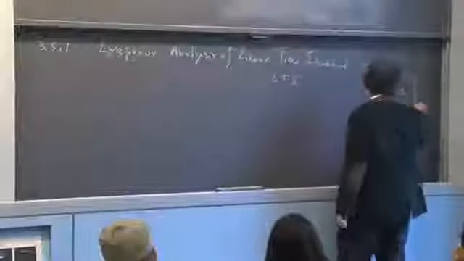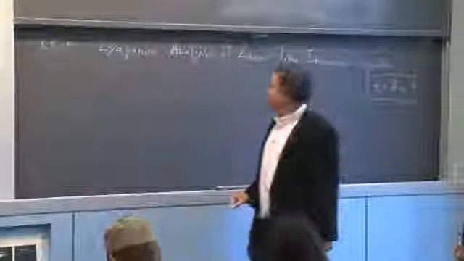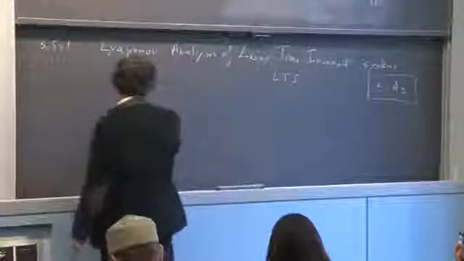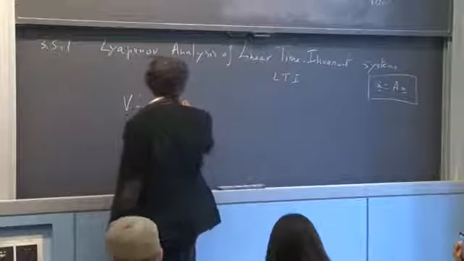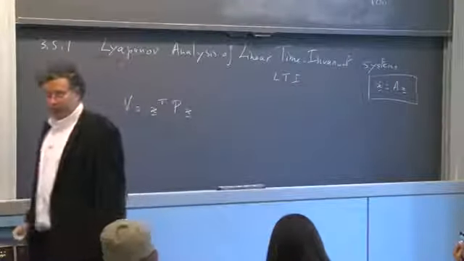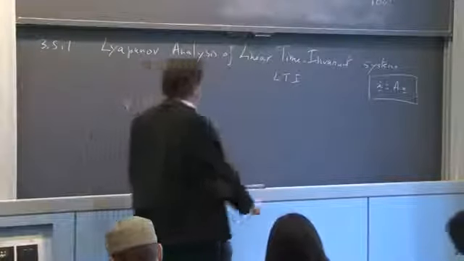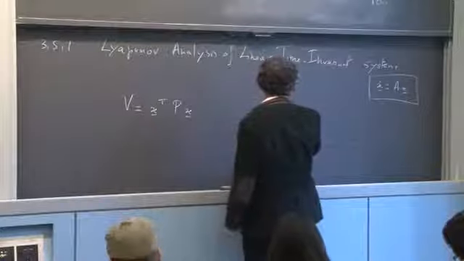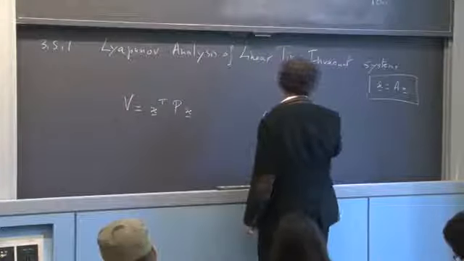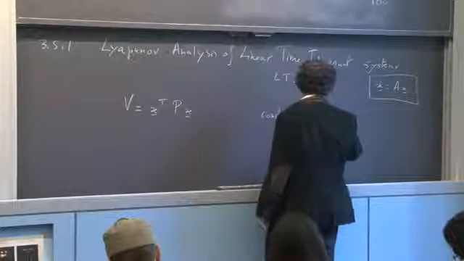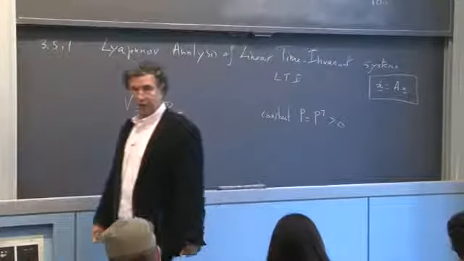So we have a system x dot equal Ax. And so as a Lyapunov function candidate, we're going to consider a quadratic form, x transpose Px, where we have a constant P matrix, which is symmetric and positive definite.